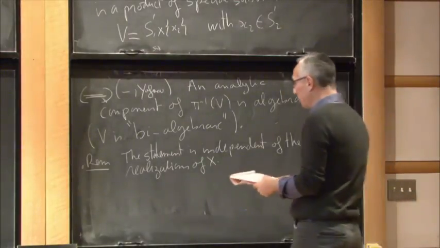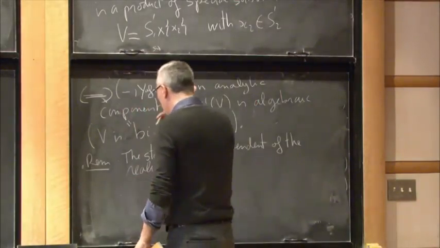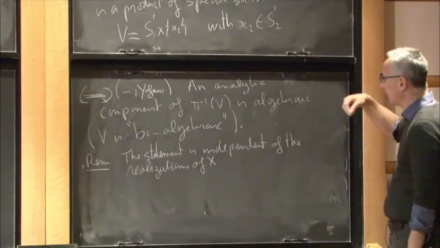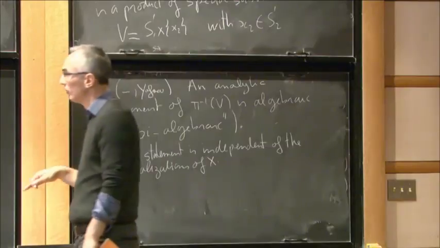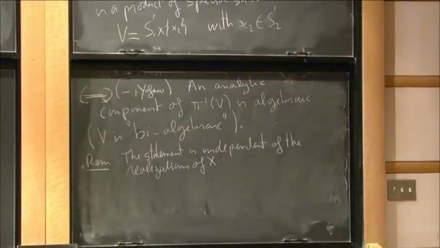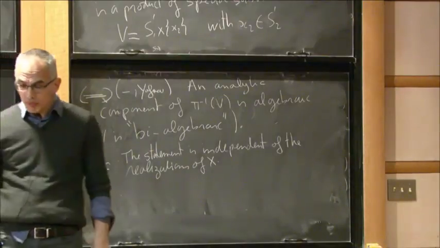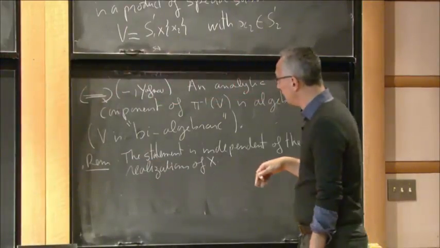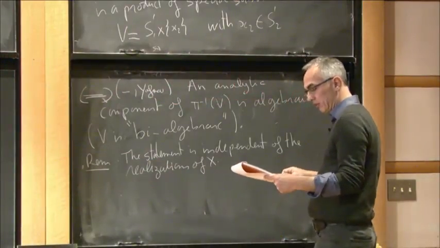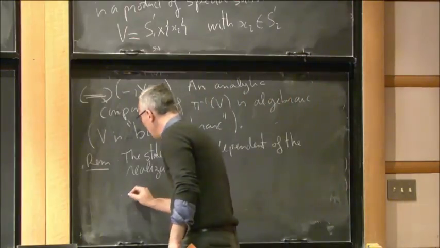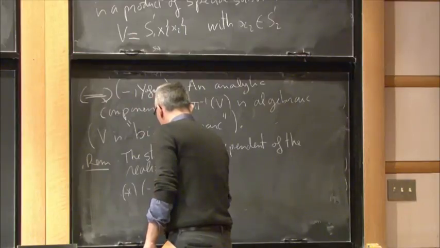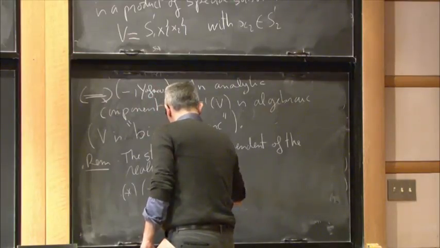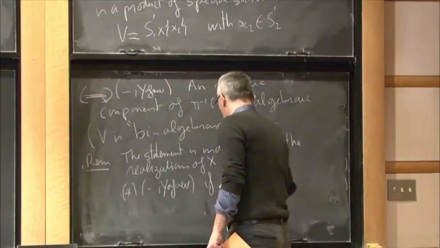Okay, so historically, I should say that the idea that this statement is crucial is probably due to Pila and Zannier, and then it was proved by myself and Yafaev if S is projective.